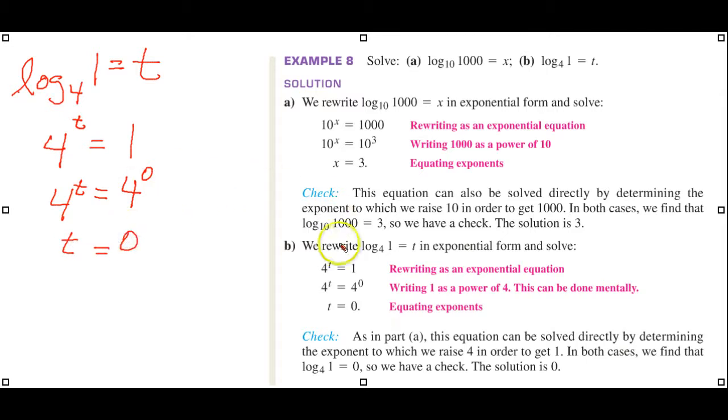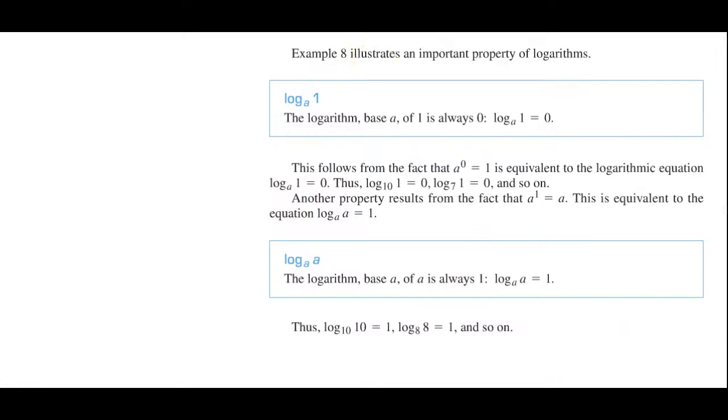Okay. Again, they have it worked out here. We're looking for a strategy to get to our answer. In order to get this to be the same base, we had to make that to the 0 power, which was equivalent to that. And then our exponents equal each other. Okay, that checks. Now, here they're giving us additional drill.